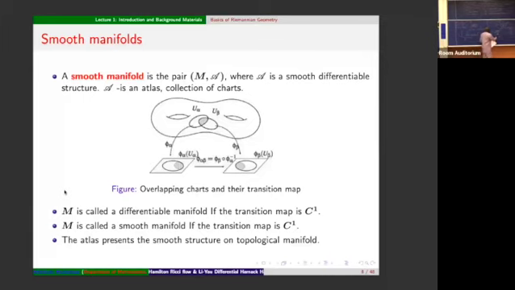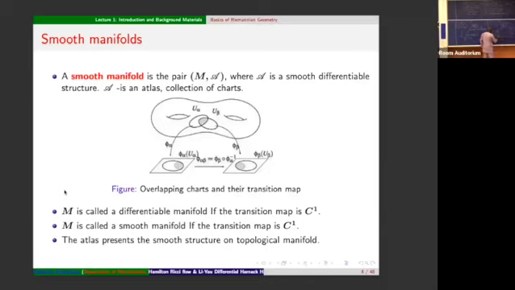If you look at this map, you can move, this one comes here, this comes here, then there's a map from here to here. I call that map phi x y.